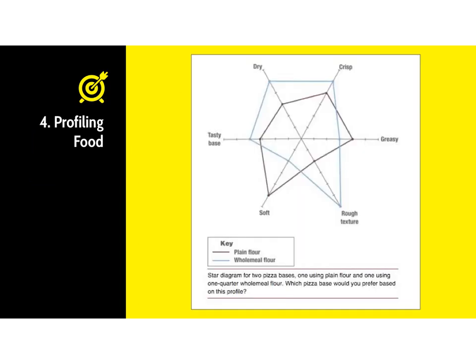sensory properties. So if we have a look here, this is a star diagram, which is a type of profiling for two pizza bases. One of them uses plain flour, and we can see that through that maroon color, and the other one uses a quarter wholemeal flour. Okay, so it's creating obviously a healthier type of pizza base.